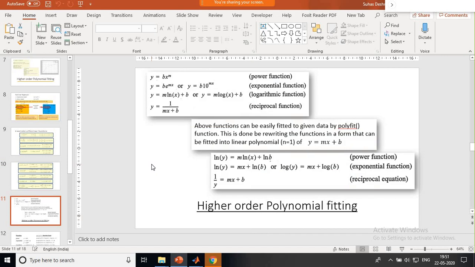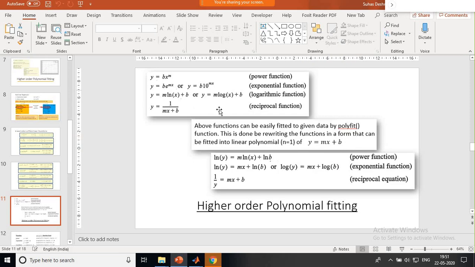There is the same polyfit function we can use. Whenever we are going to use this polyfit function, you need to convert that particular function into a linear function. Once we complete this linear conversion, you put this whole stuff into your polyfit function to determine the linear equation mx plus b, that is y is equal to mx plus b.